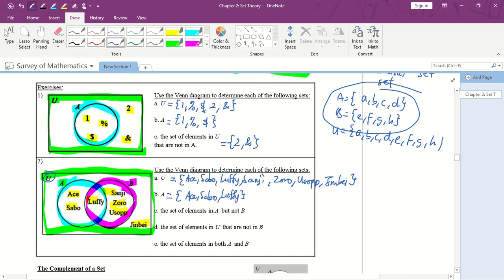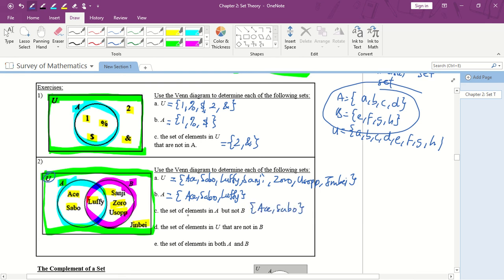The set of elements in A but not B. You can see Luffy, although it is part of A, at the same time is part of B too. So this question asks for the elements inside A but not part of B. So it will be Ace and Sabo.